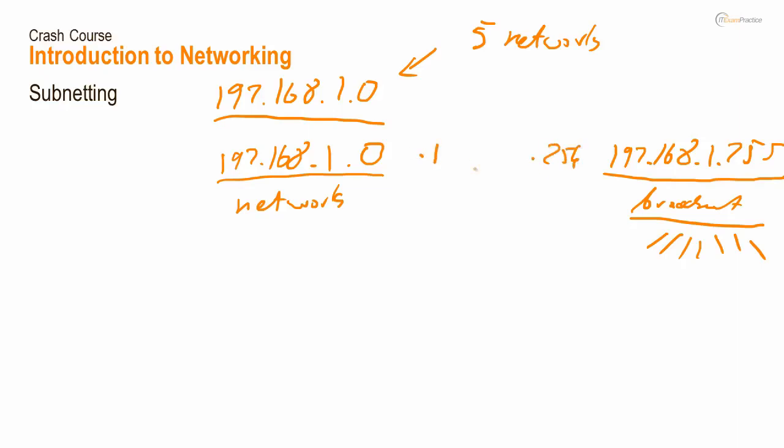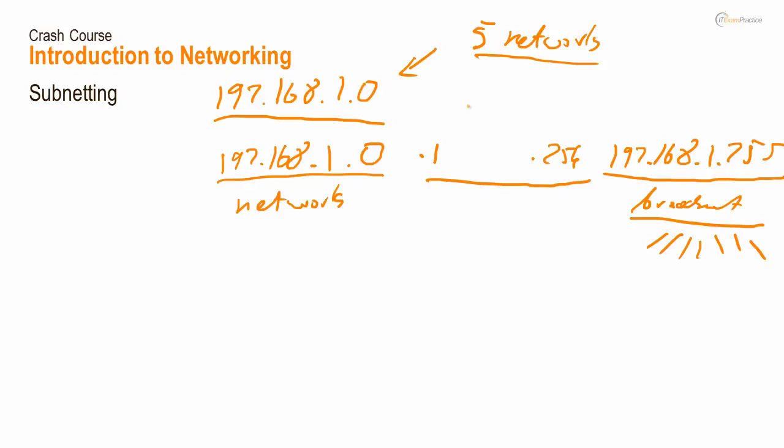That's why we have 254 IP addresses. What you can get is we don't really need 254 IP addresses. However, we need like 5 subnets and around 25 IP addresses for each subnet.